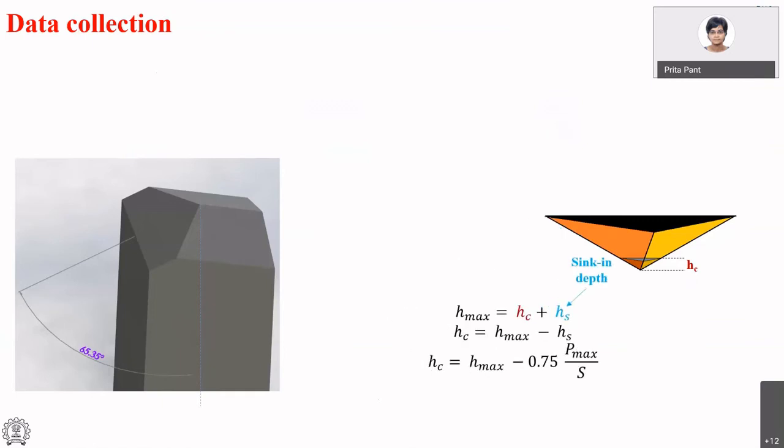And the second problem is that I don't know what this contact depth is. What I measured was only an H max. I measure a total depth. I apply a load, the tip goes in.